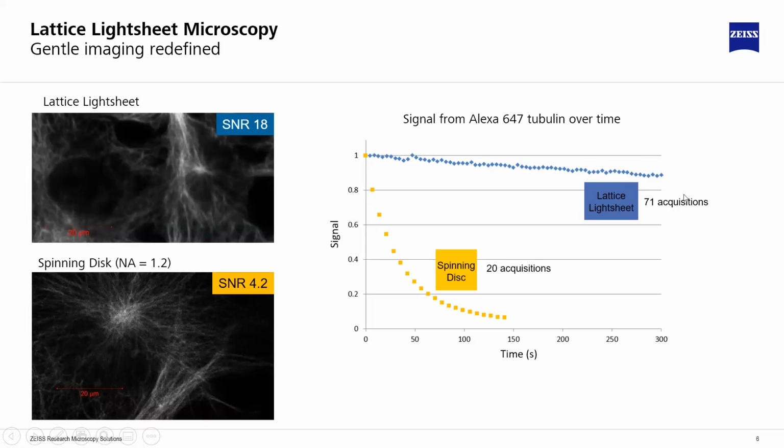These same samples display a minimal decrease in fluorescence intensity. And this is after almost 300 seconds of acquisition and 3.5 times more acquisitions of the same volume size. So this is 71 volumes over twice as much time, and we're seeing maybe 10% signal loss compared to 90 to 95% signal loss on a spinning disk confocal.